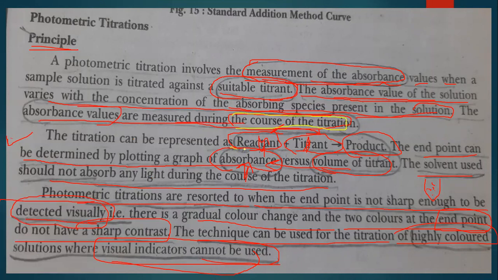The reactant is there, then the titrant is there. You take the reactant in either a conical flask or a beaker, and the titrant is added slowly from the burette, and the system should be closed here. Light is passing from this side and coming out from that side, and you are measuring its absorbance.